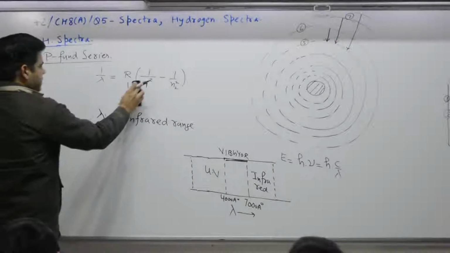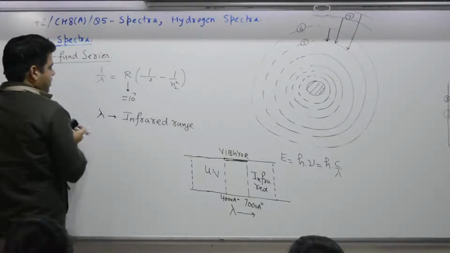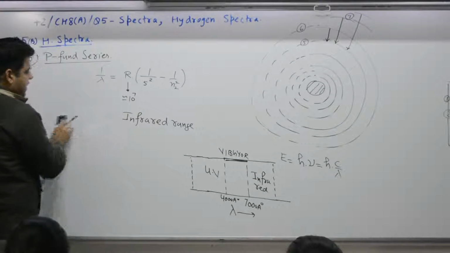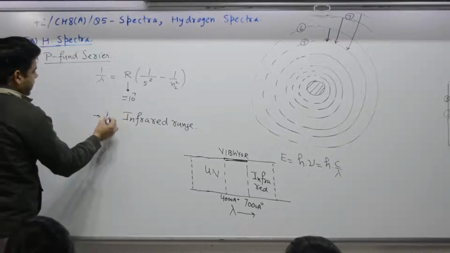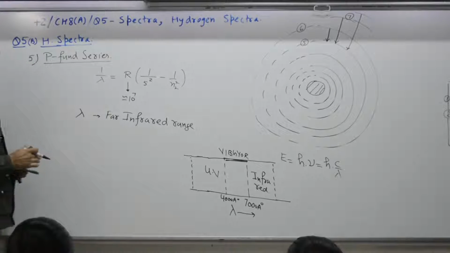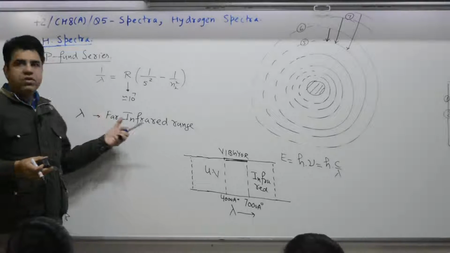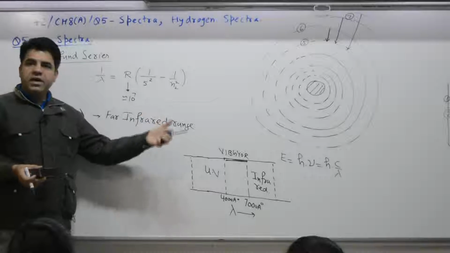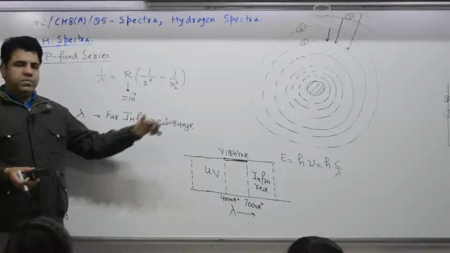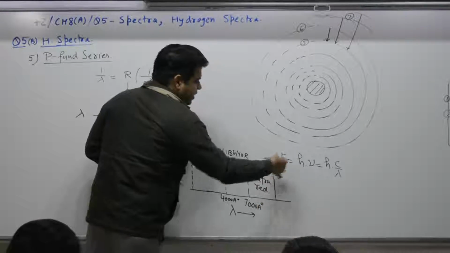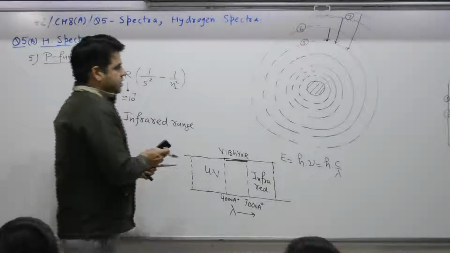Range is far infrared, end of infrared. This is where the wavelength lies. So we need to find out the value of the wavelength, then you can come out with whether it falls in the far infrared, microwave or radio or what part. So you can say it is far infrared, that means the end part of infrared.